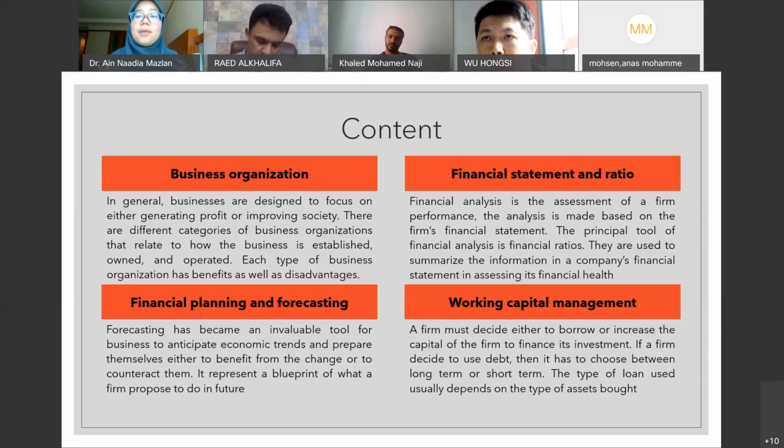It's an indicator of the performance of the student. A financial ratio is one indicator for a company. Ratios are used to summarize the information in the company's financial statements in assessing its financial health.